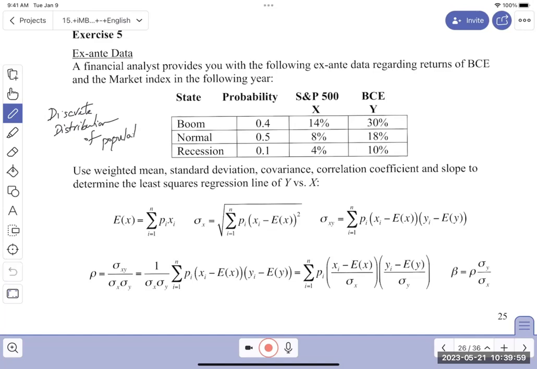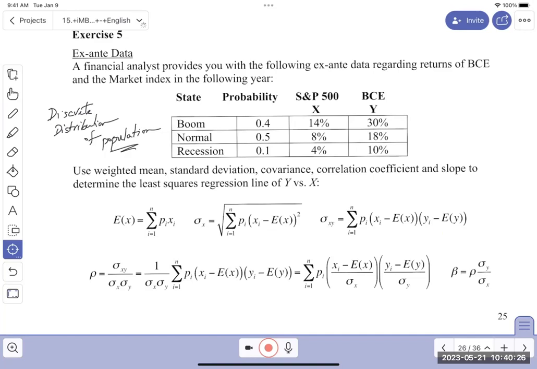I'm treating it like it's the population. This is population data. These are the only possible outcomes. This is their frequency of occurrence. These are their outcomes. I'm treating it like it's population data. And as such, I have to have these other formulas. These are the more general formulas of calculating.